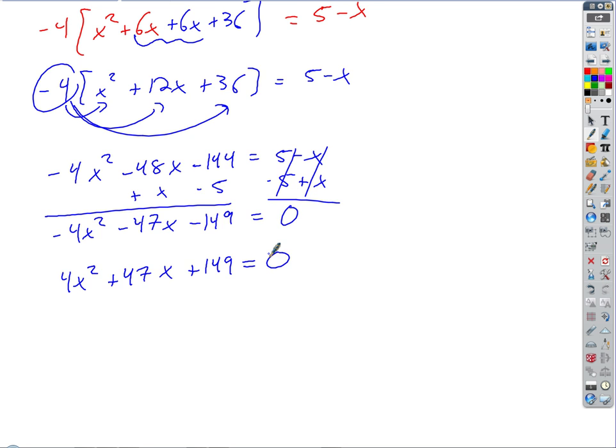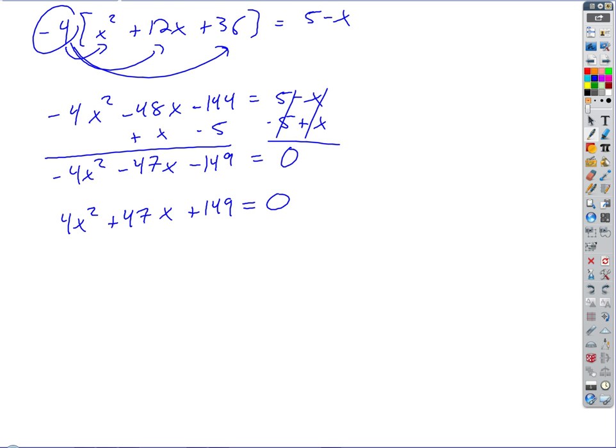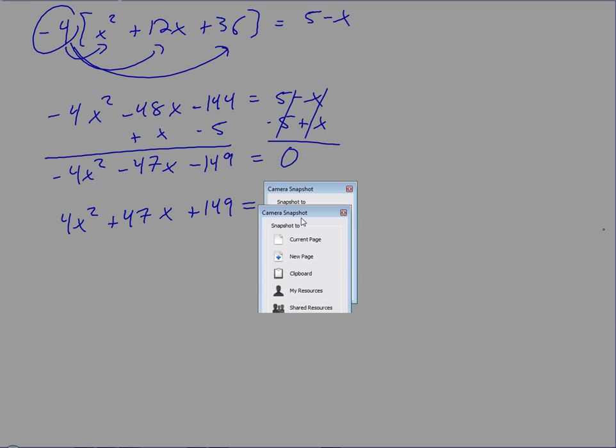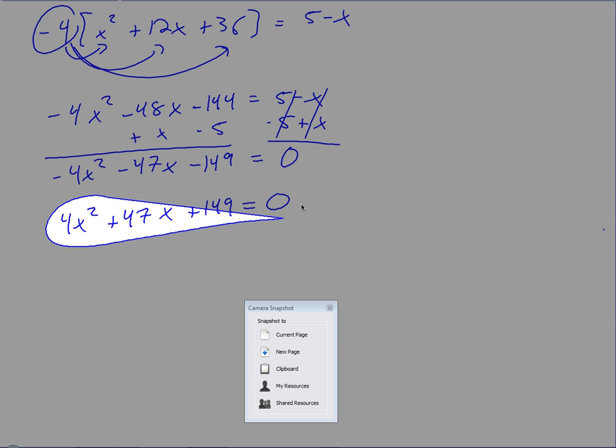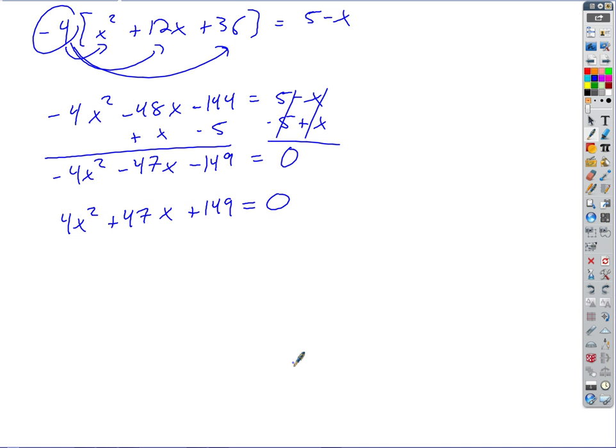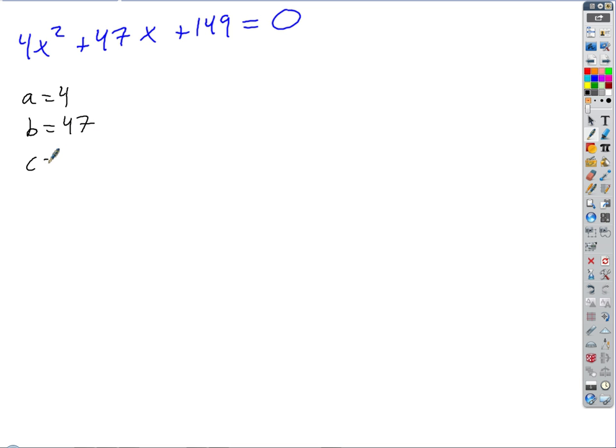And so I want to find the solutions of that. All right, so this is the quadratic equation that I'm solving. That looks pretty bad. So what I'm going to do is we're going to use the quadratic formula. Right, so in this case, a is 4, b is 47, c is 149. We're only looking for real solutions.